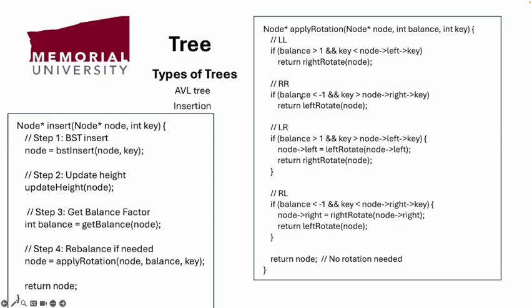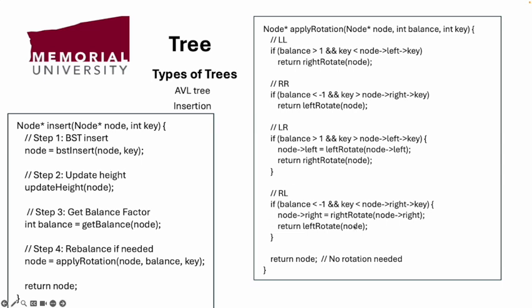And this is RR, balance factor around -2, so out of the balanced range, and the key is greater than node right key, we apply the left rotation. This is right heavy. In this case, if the balance is greater than 1, however the key is greater than the node's left child value, it's on the left-right, so we apply left-right: first process left rotation, and then process right rotation.